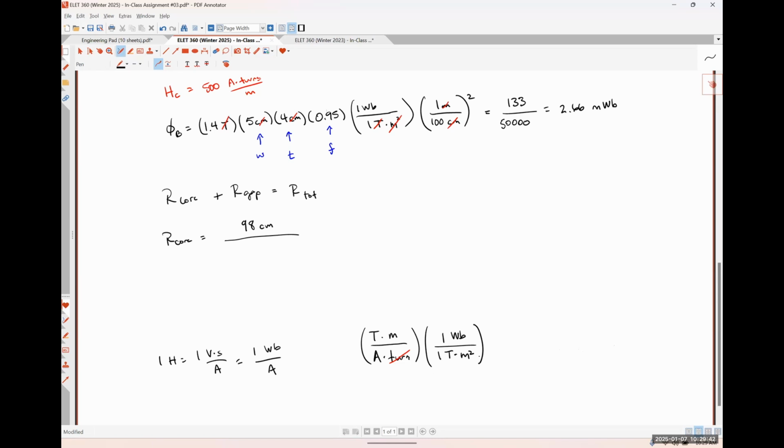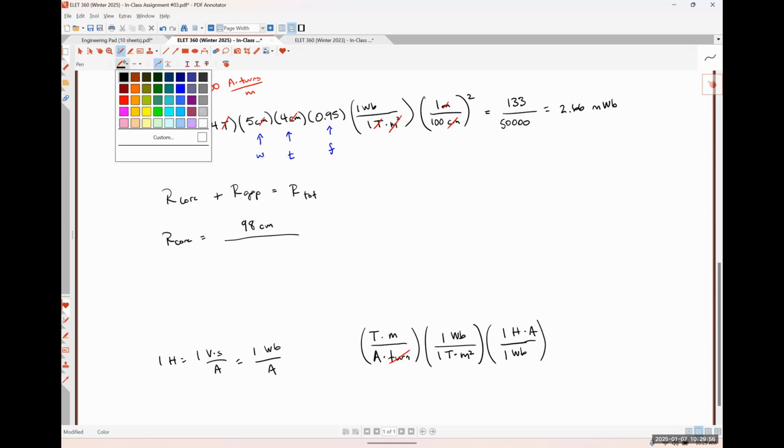All right. Now, I know that a Henry is a Weber per ampere, so I can write that as 1 Henry ampere over 1 Weber. And so if I start crossing things out, I can see that the Tesla cancels the Tesla, the Weber cancels the Weber, the amp cancels the amp.